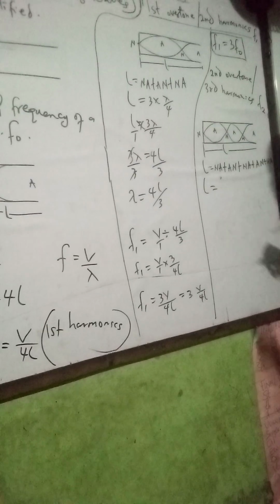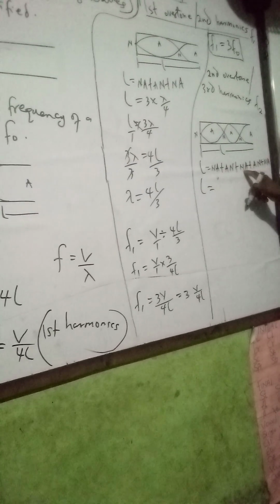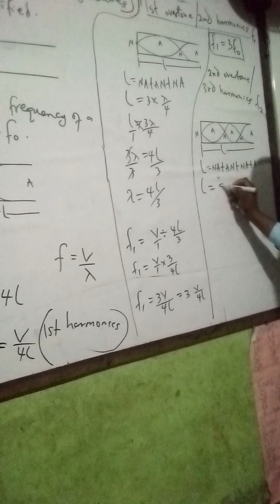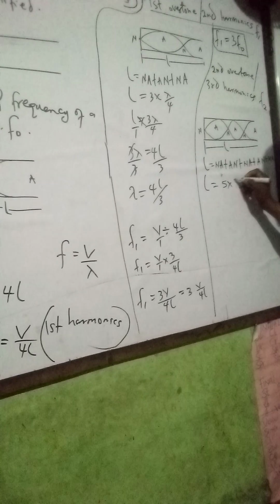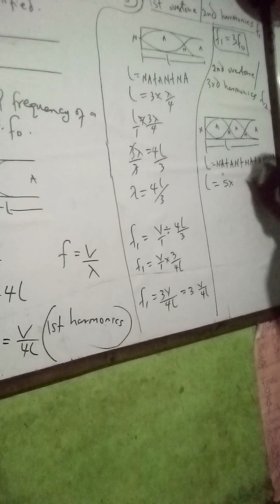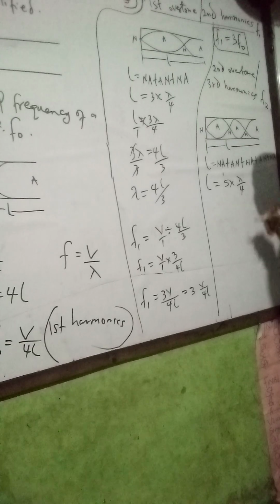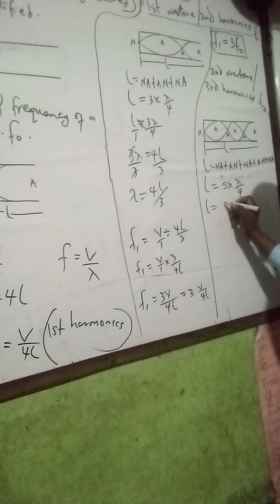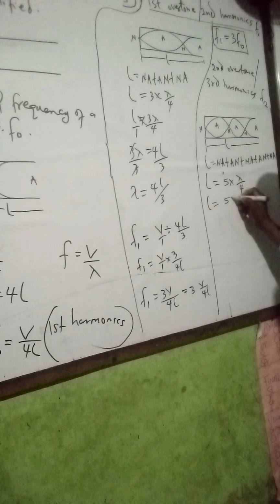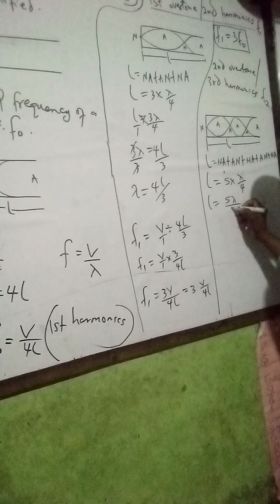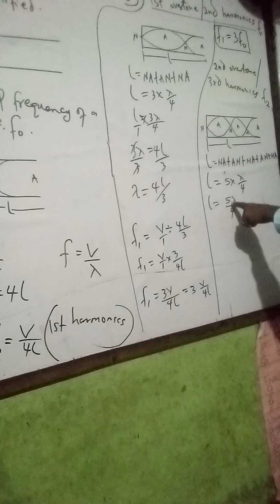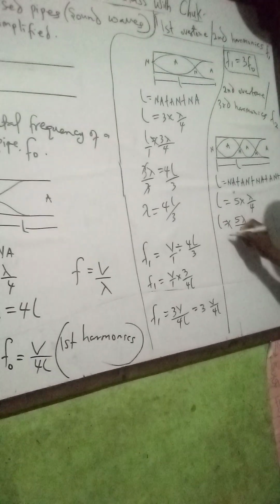Now L will be equal to, count them, 1, 2, 3, 4, 5 times each one is 1/4 of wavelength. That will be L equal to 5 wavelength over 4, right? I'm going to make wavelength the subject.